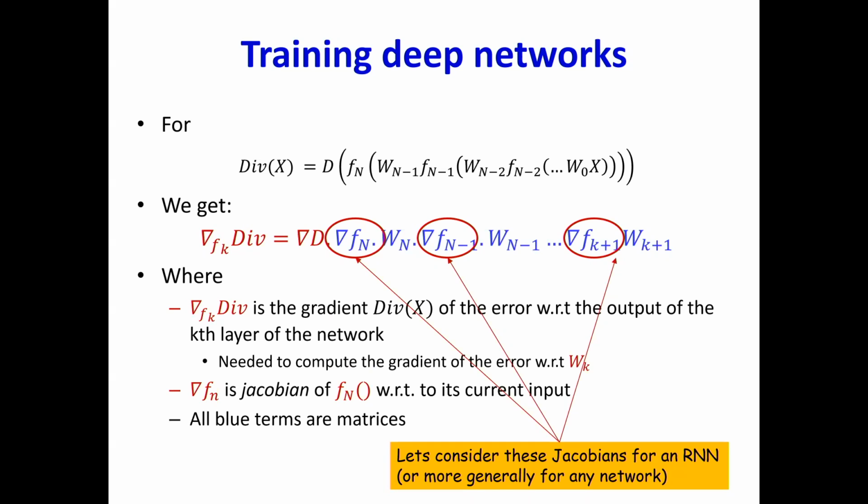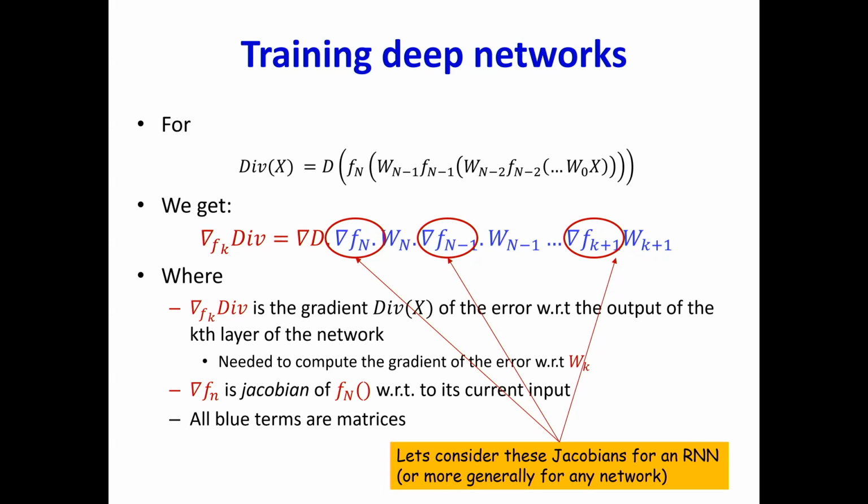So the behavior of this derivative depends on the Jacobians and the weight matrices. Let's look at the Jacobians. Now, what are the typical activation functions? Tanh, sigmoid, right? If I think of a layer of neurons as having a layer of independent sigmoid activations, what is the Jacobian going to be? It's a diagonal matrix, correct?